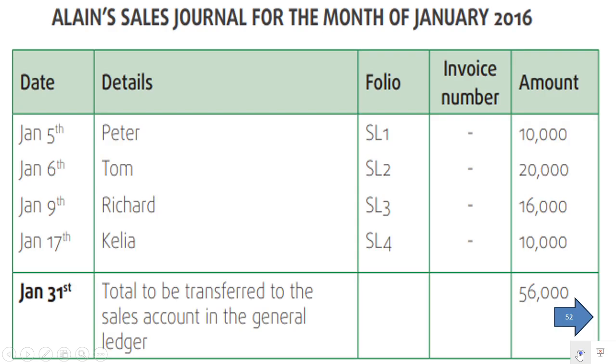Alain's sales journal or sales day book for the month of January 2016. Alain made credit sales to Peter of goods worth 10,000 francs. January 6th, Alain also made credit sales to Tom for goods worth 20,000.